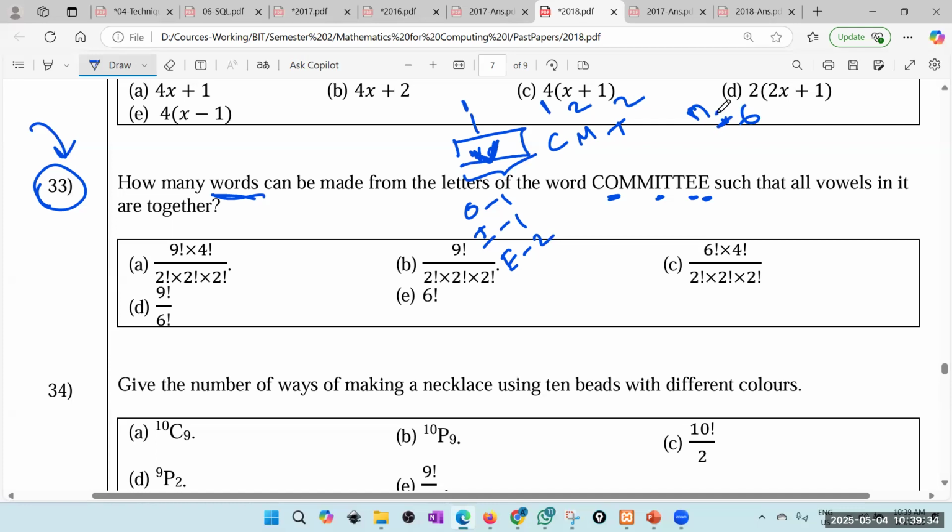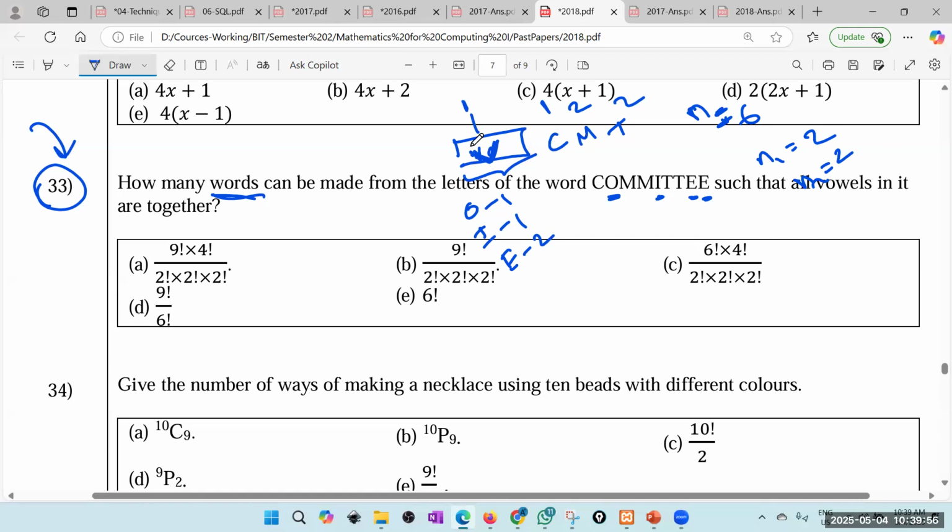We have N non-distinct elements. Out of those, N1 is 2, N2 is 2, and N3, N4 are 1, 1. So that means we have two similar elements, because we have two T's and two M's.